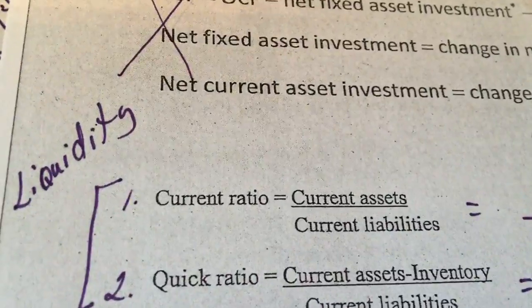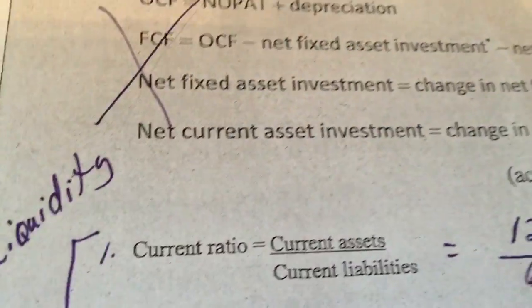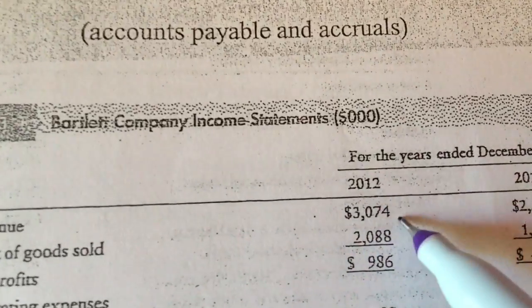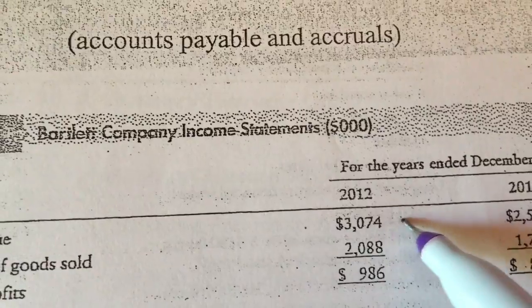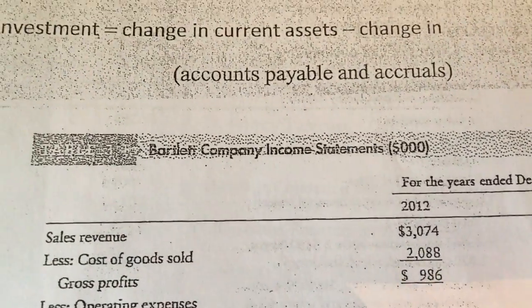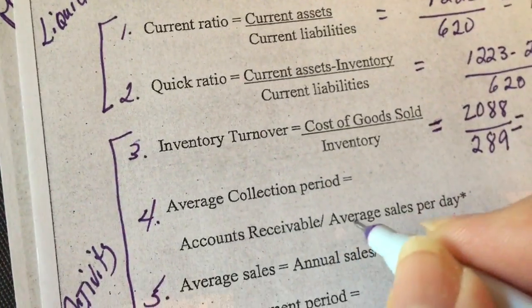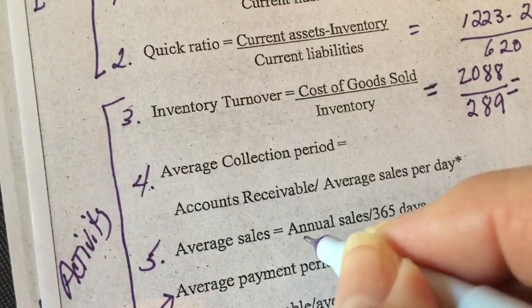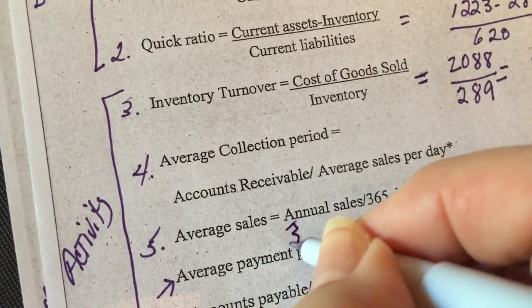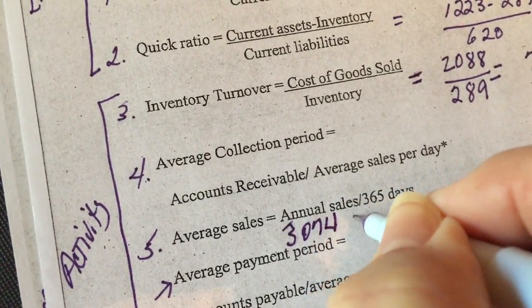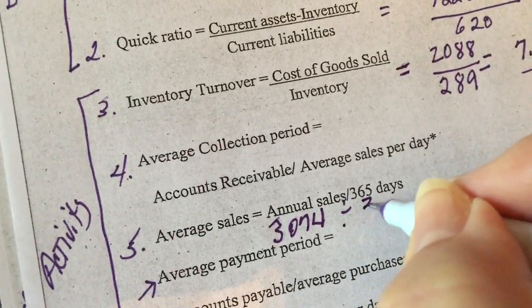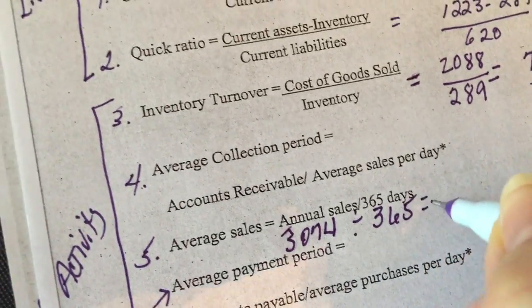So let's find our income statement. We have a sales amount of 3074. We want to use the most current number, 3074, and we want to divide by 365 days.